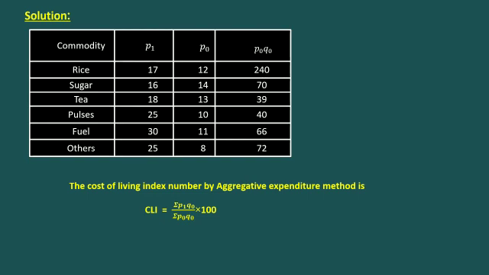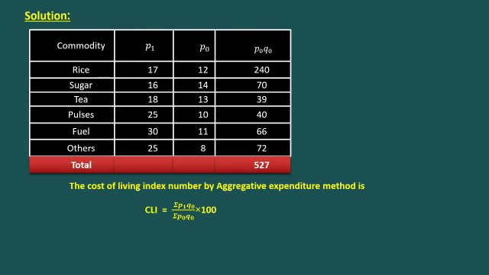Here, the base year expenditure P0 Q0 is given. Therefore, if we just add the values of base year expenditure column, we get summation P0 Q0 as 527.